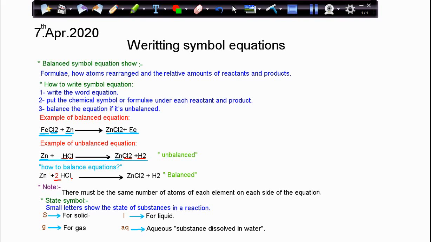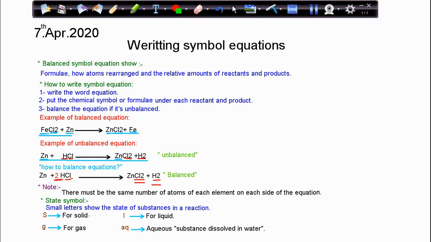But for H2, 2H here, and the 2 goes for the H and for the Cl also. So if we take a look here in the products, I'm going to find Cl2, H2. So in this case, I have 2H here, 2H there, 2Cl here, 2Cl there. In this case, we balanced the equation.